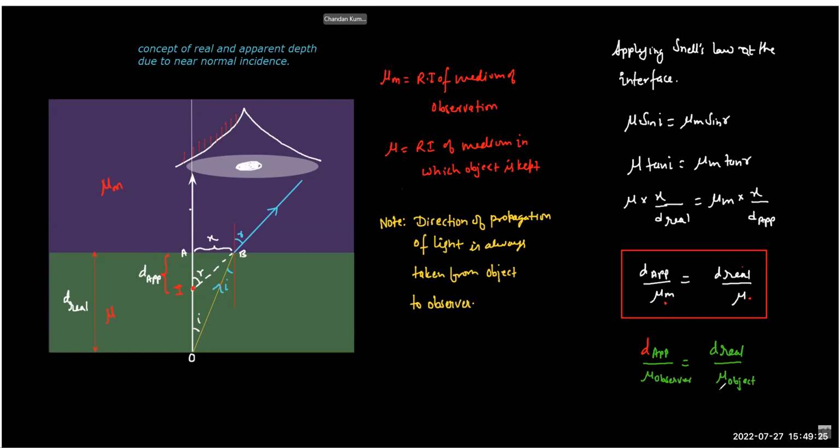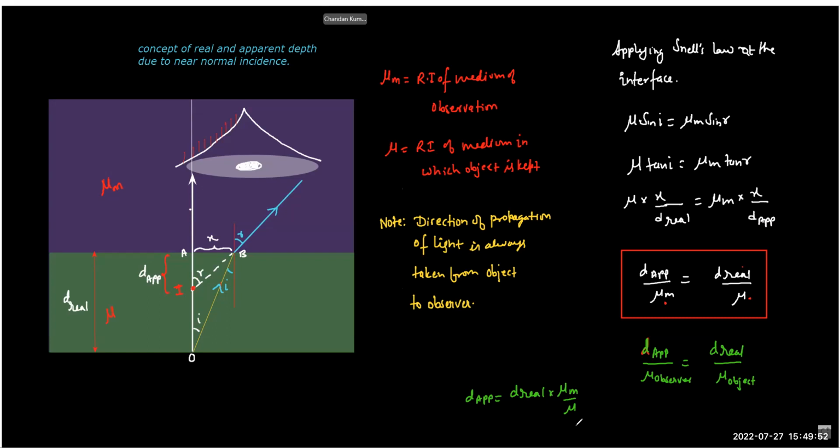So the observer gives you the apparent value. It is the observer which perceives the apparent value, and the reality cannot change. The reality is always the same. But as the observer changes the medium, things will appear different. And therefore, the D apparent is D real into mu medium upon mu.